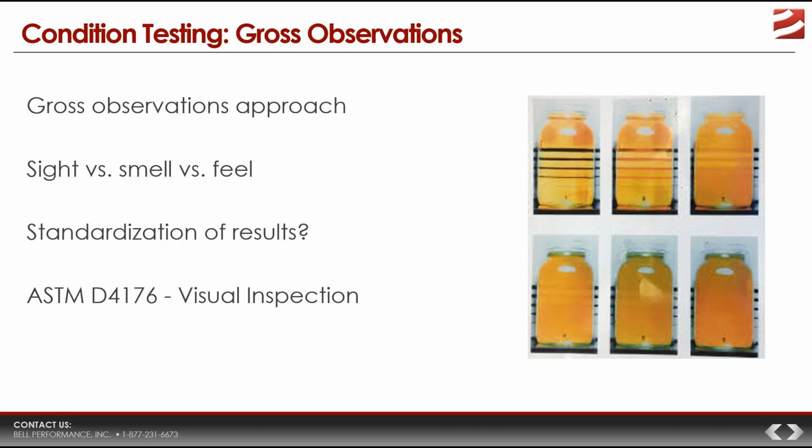But even pointing that out, that's not to say that all gross observation tests are exactly like that. There are some visual gross observations that do actually have some standards that we can point to. Now, when we're visually inspecting a fuel sample, we would point to ASTM D4176, which is the visual inspection for water and particulates.